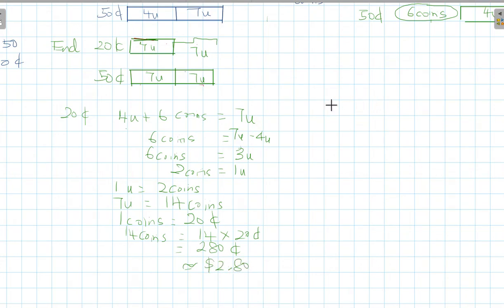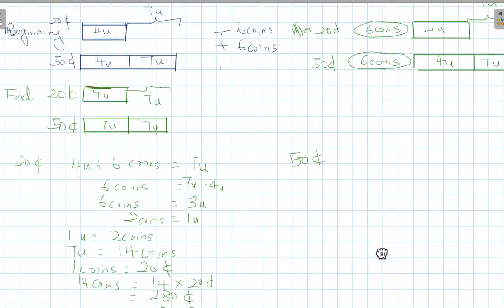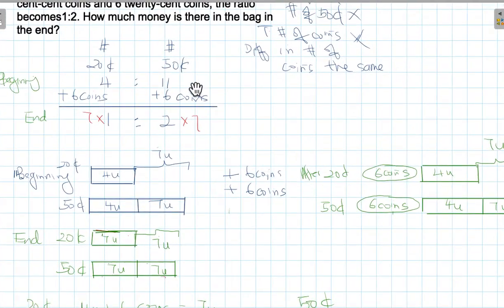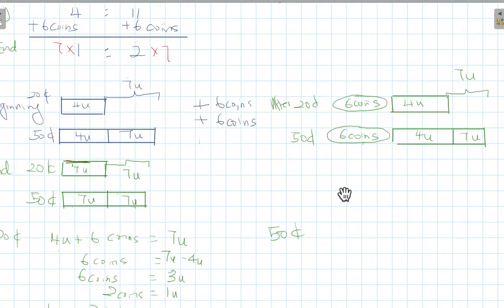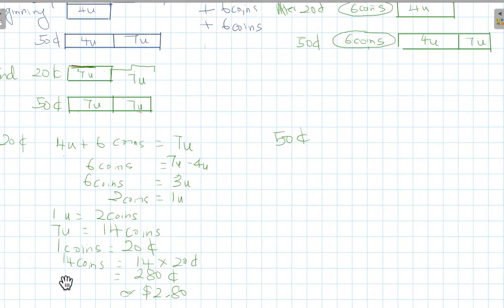Okay, what about the 50 cent one? Now we are talking about the 50 cent. The same, 50 cent, right? 11 unit add 6 coin will give you 14 unit, correct? So 11 unit add 6 coins will give you 14 units.